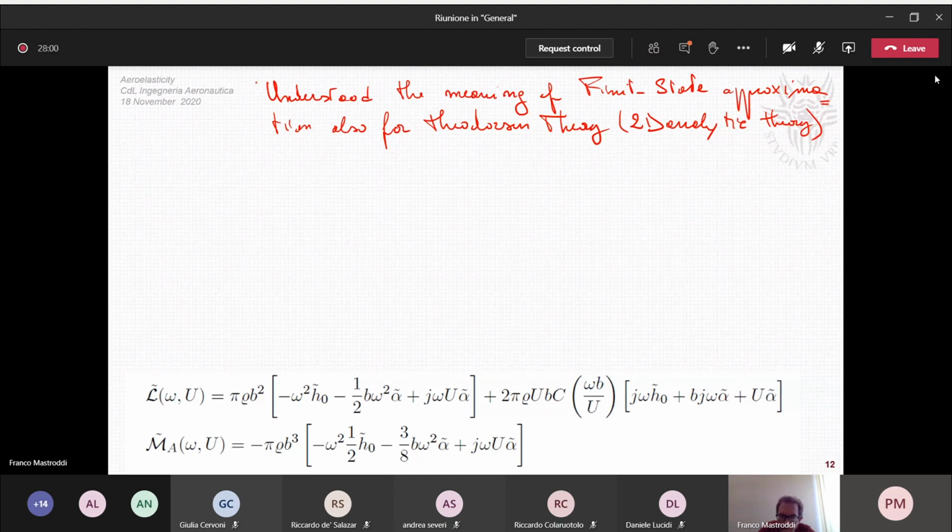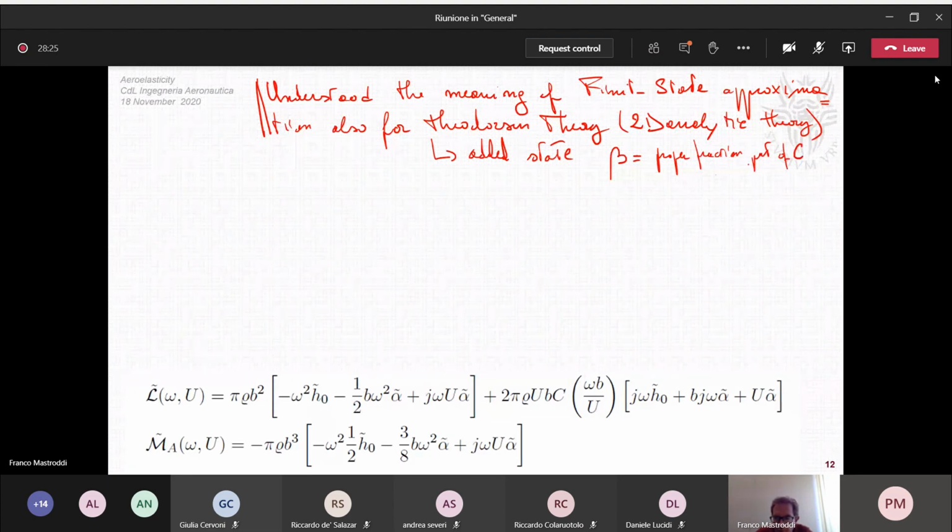The added state is beta, defined as the proper fractional part of C multiplied by the state space variables h, alpha, and so on.